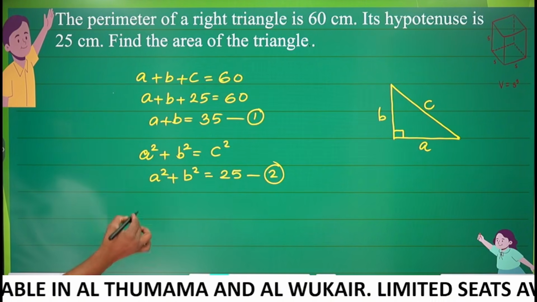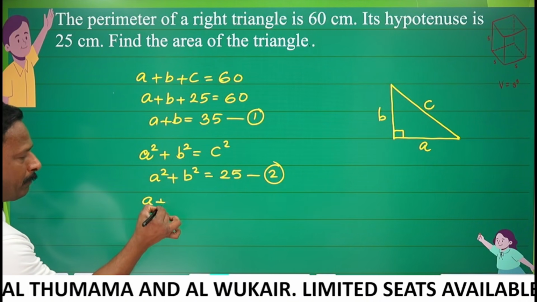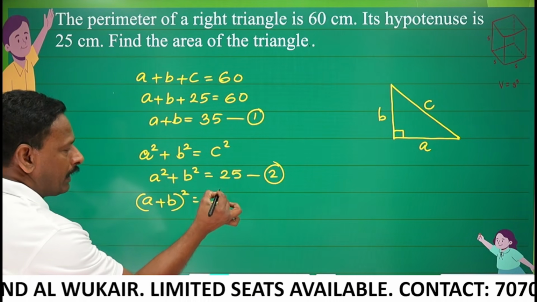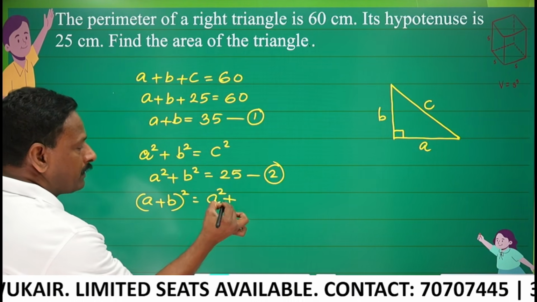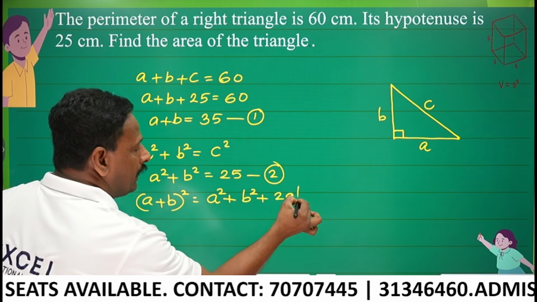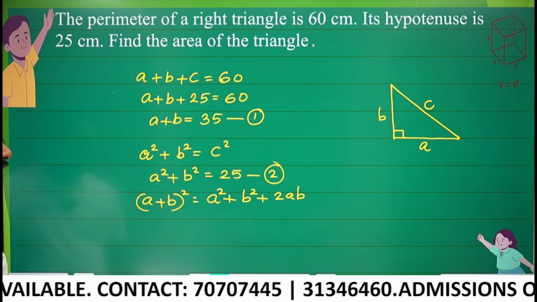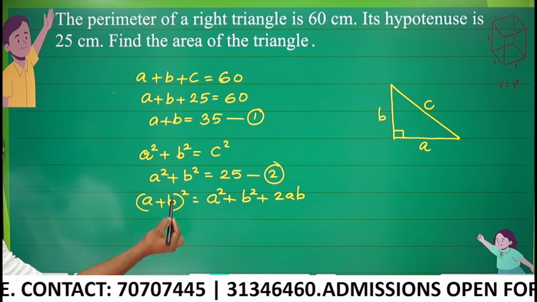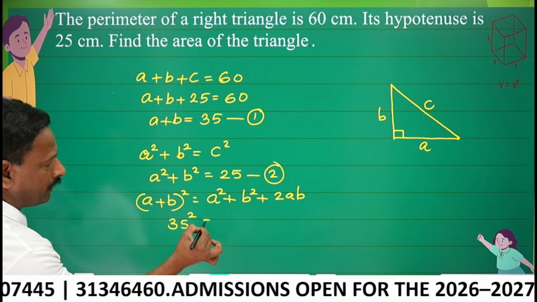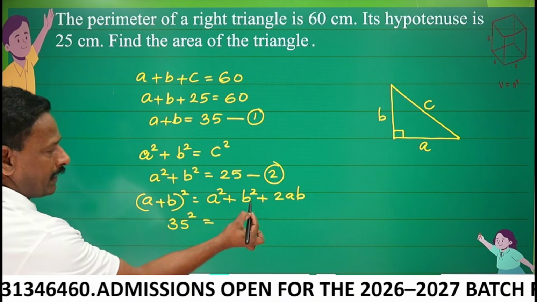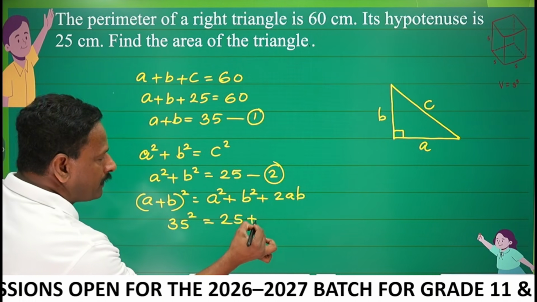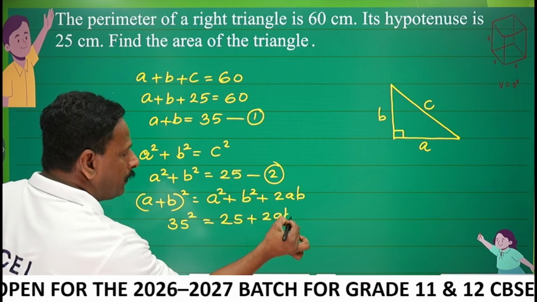For that we will use the identity A plus B whole square is A square plus B square plus 2AB. A plus B is 35, so you will get 35 square equal to, what is A square plus B square? A square plus B square is 25 square, plus 2AB.